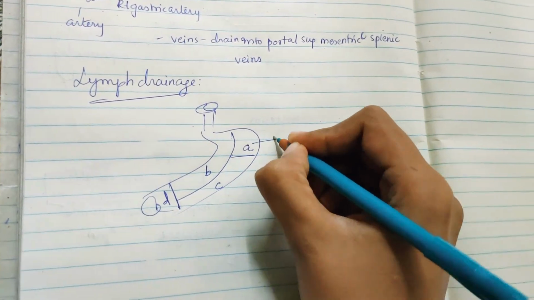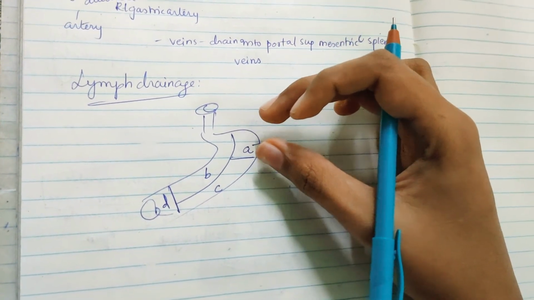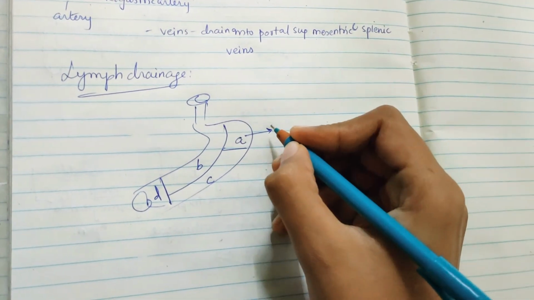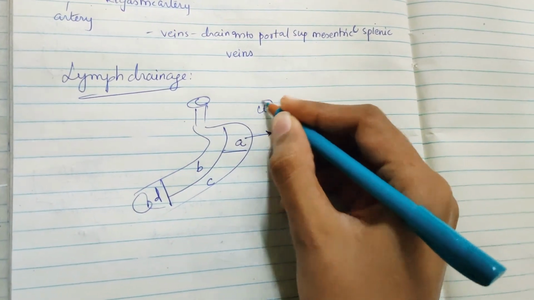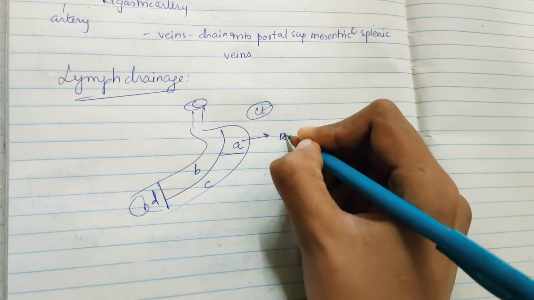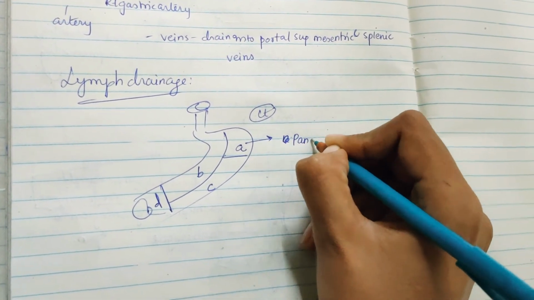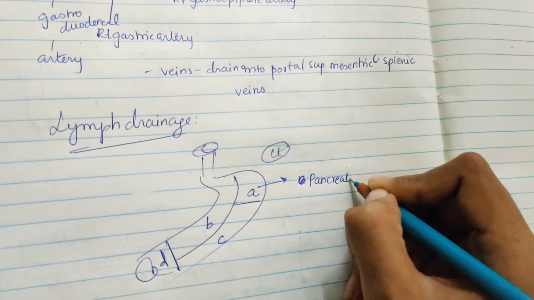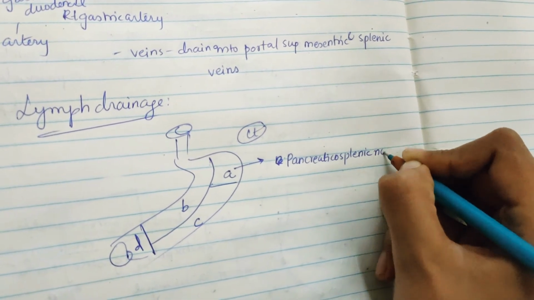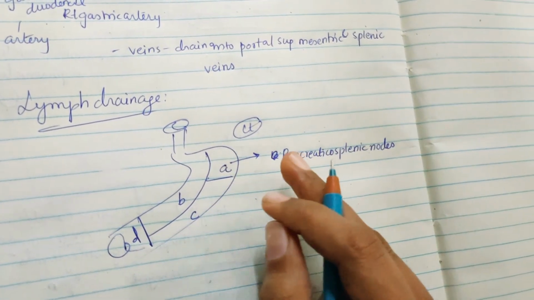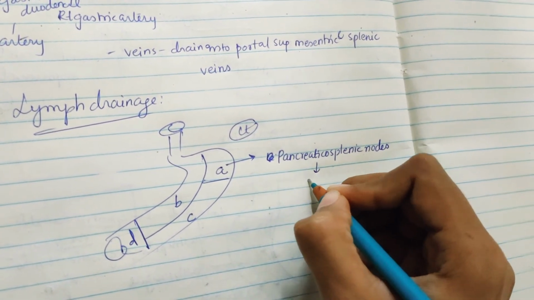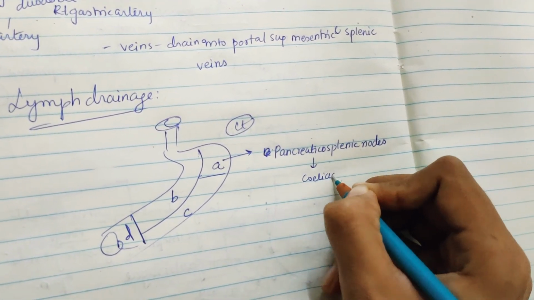The first, A region, you can say near the fundus, the left half of the fundus region, is draining into pancreatico-splenic nodes. This A region drains into pancreatico-splenic nodes, and from here in turn into celiac lymph nodes.